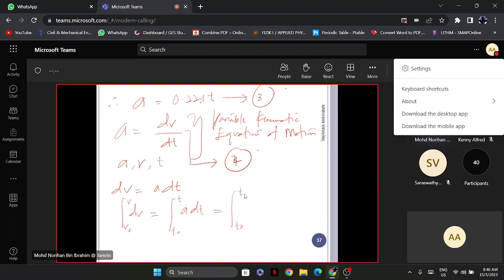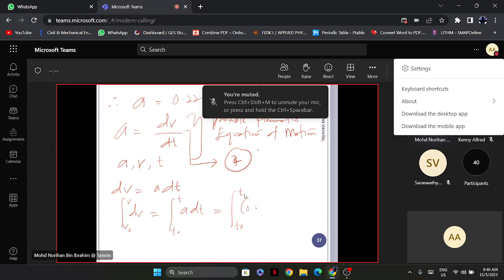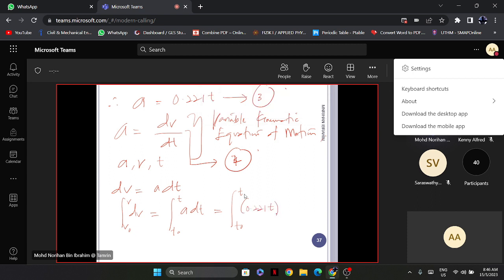You know that a is equal to 0.221 t, so we substitute a into this equation. If we simplify this, v minus v naught is equal to 0.221 t squared divided by 2, between t naught up to t.